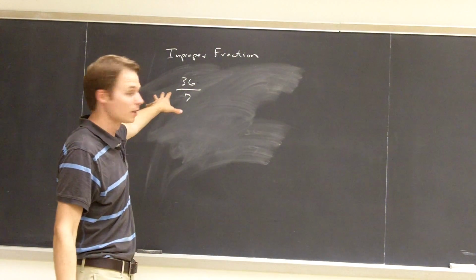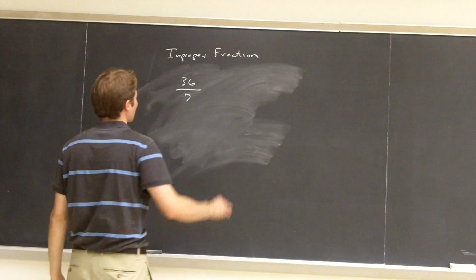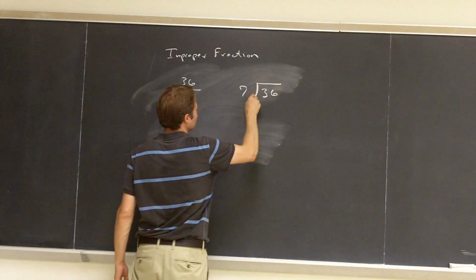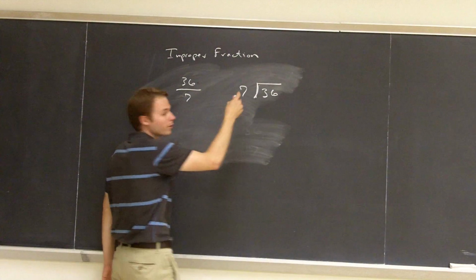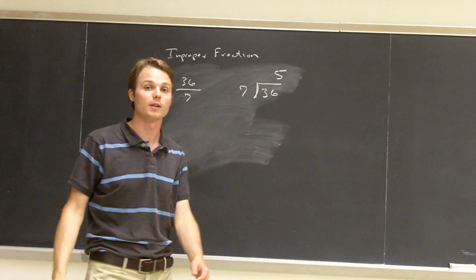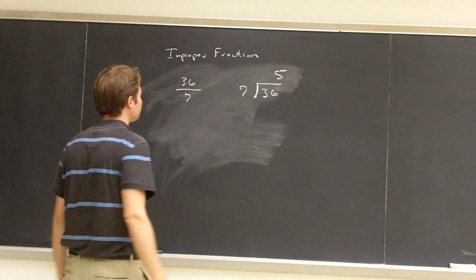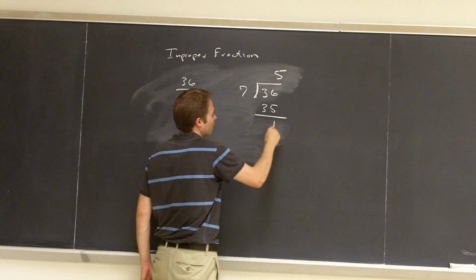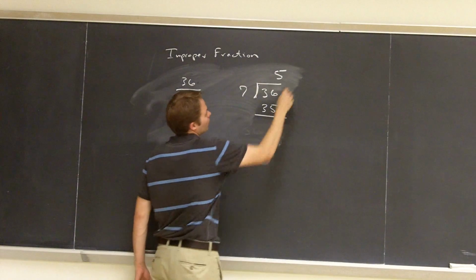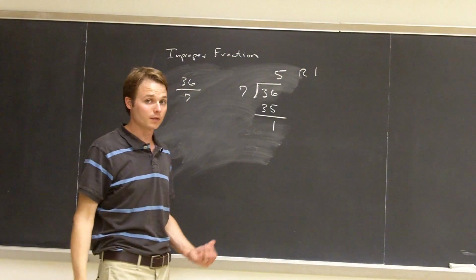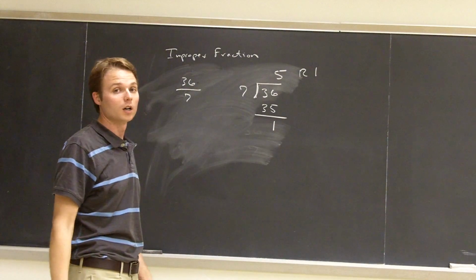So we'll just take 36 divided by 7. 7 will go into 36 5 full times. That's where the 5 comes from in our mixed fraction, the 5 whole number. So 5 times 7 is 35, and we end up with a remainder of 1. So 7 goes into 36 5 times with a remainder of 1.